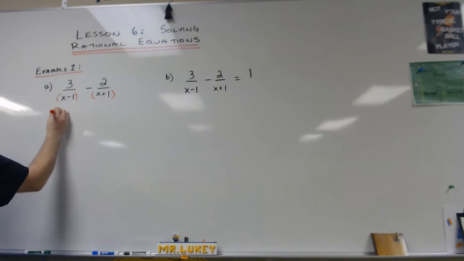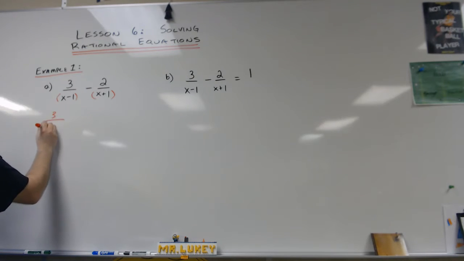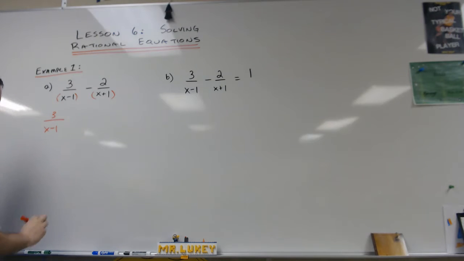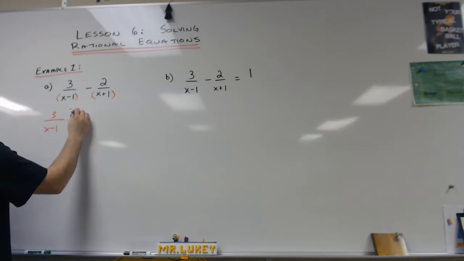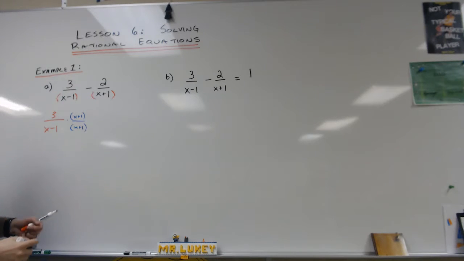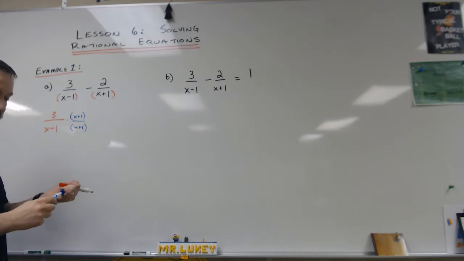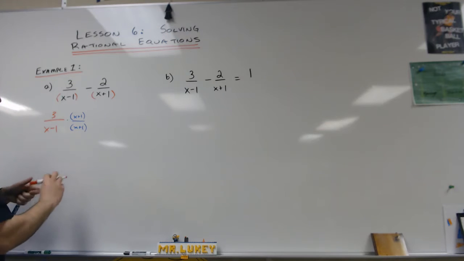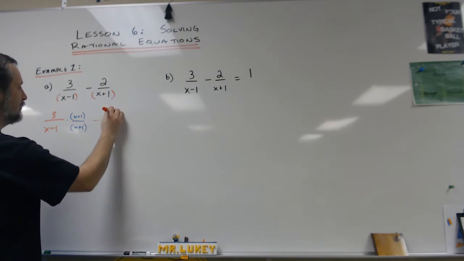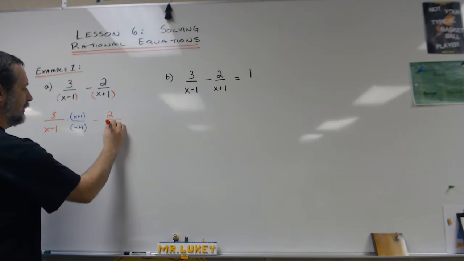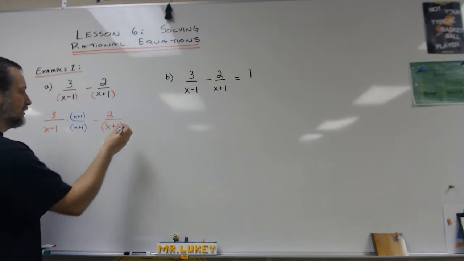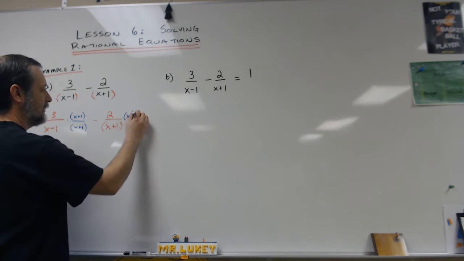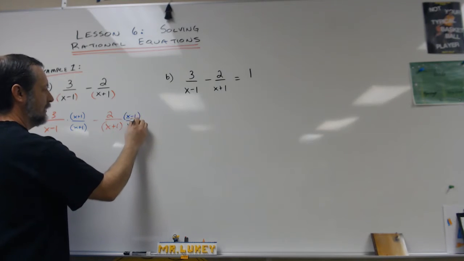So I will need to say, okay, my 3 over x minus 1 is going to need that x plus 1 over x plus 1, right? Value of 1, I'm not changing the value, I'm just giving it a common denominator. And I'm going to subtract on this one, I have the 2 over x plus 1. And to get that common denominator, I'm going to multiply this by x minus 1 over x minus 1.